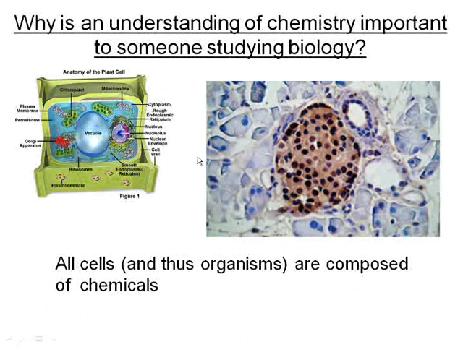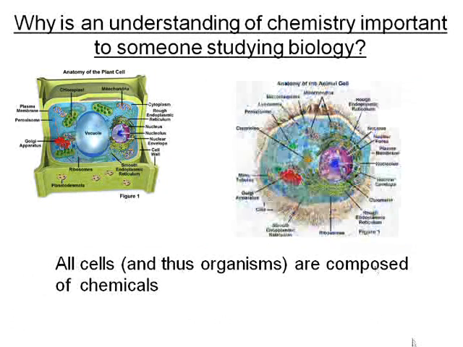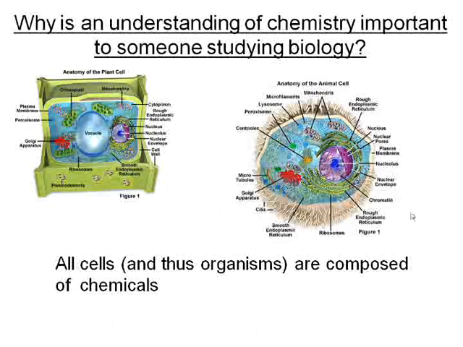We see cytoplasm. Those are all structures very typical to cells. And if we look inside the animal cell over here, you're going to notice that we see those same structures, the rough endoplasmic reticulum, the plasma membrane, cytoplasm filling the cell and such. All cells, and thus all living things, are composed of very similar chemicals. So that's one reason why we study so much chemistry.